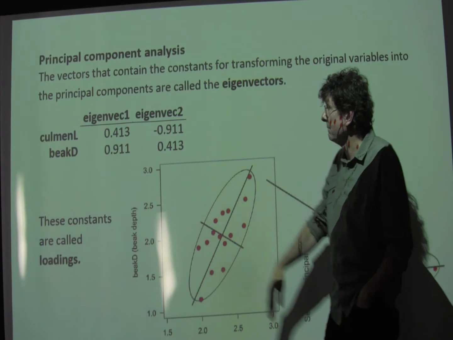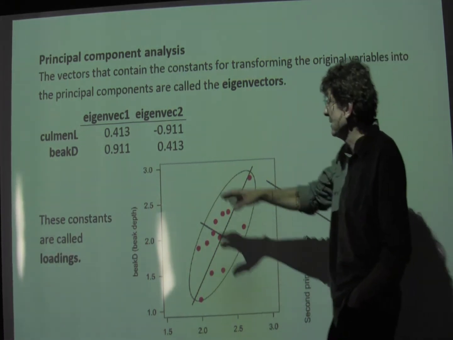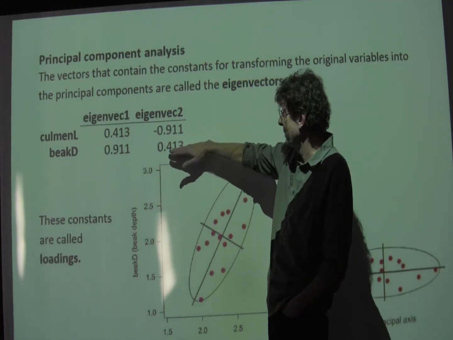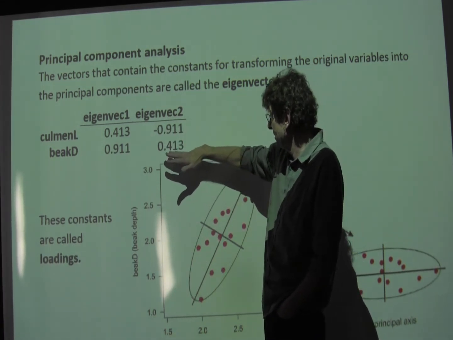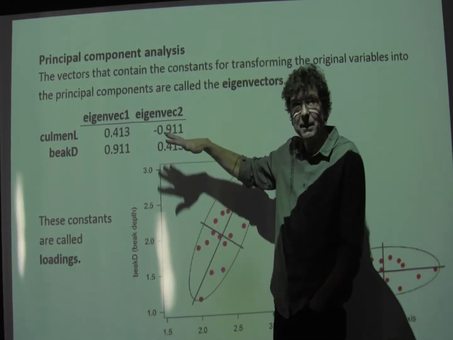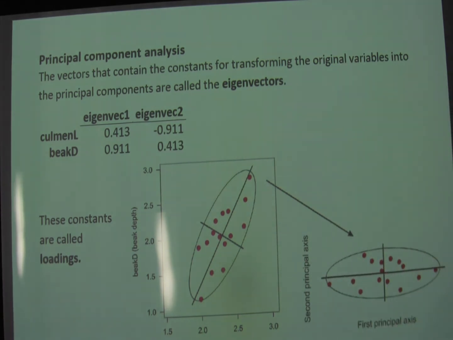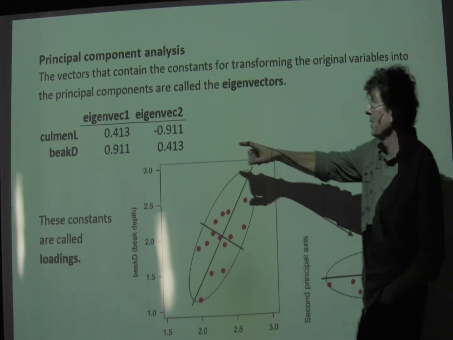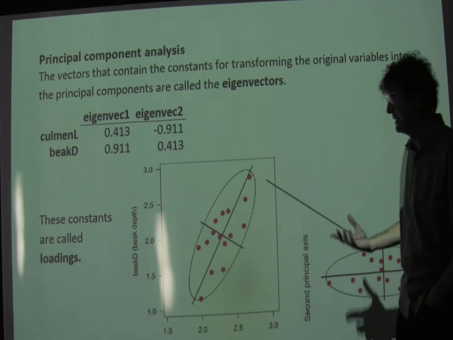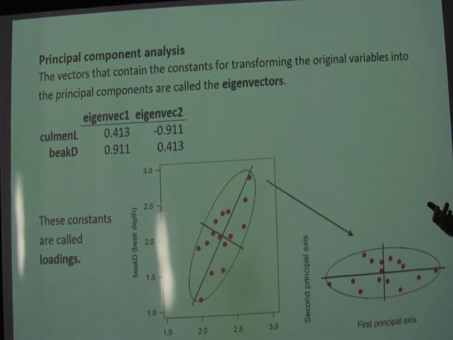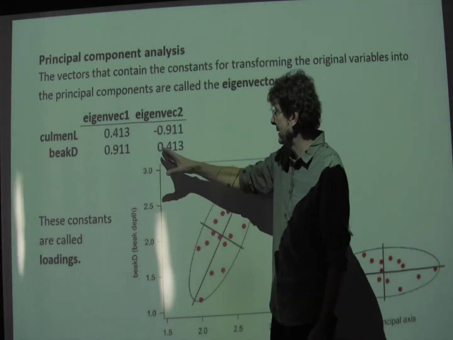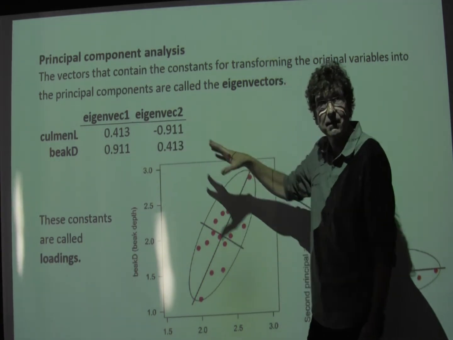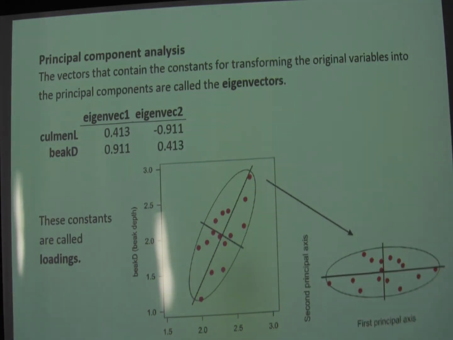But the second eigenvector separates those individuals that have deep and short beaks from those that have narrow and long beaks. The fact that it includes both positive and negative numbers means that it's a shape trait. It's changing along the second axis: beak depth is increasing while beak length is decreasing.